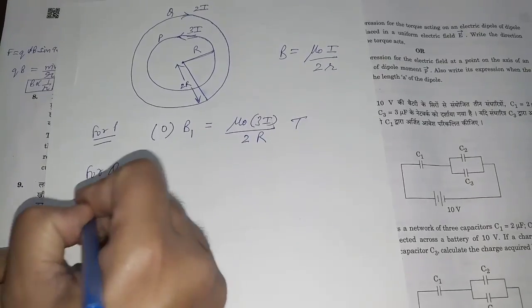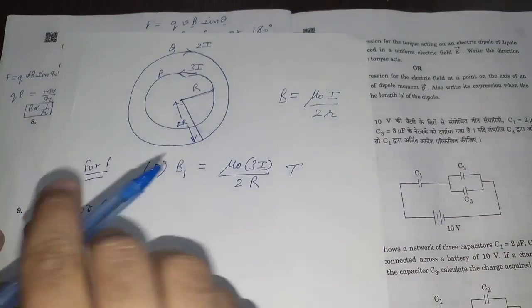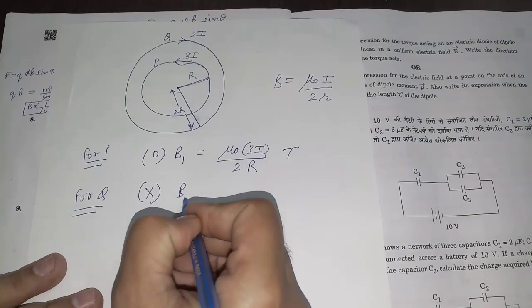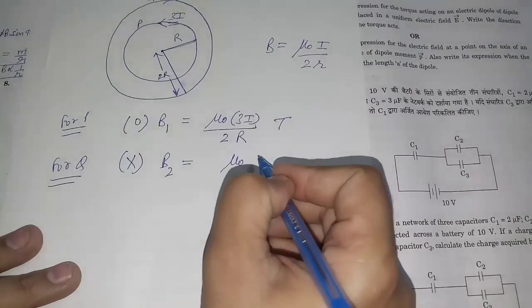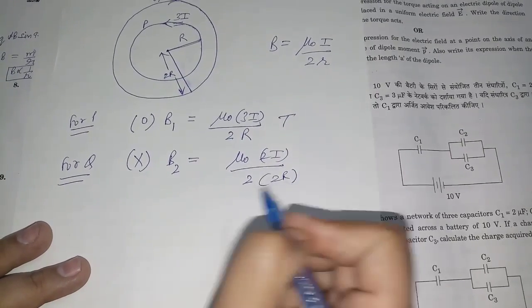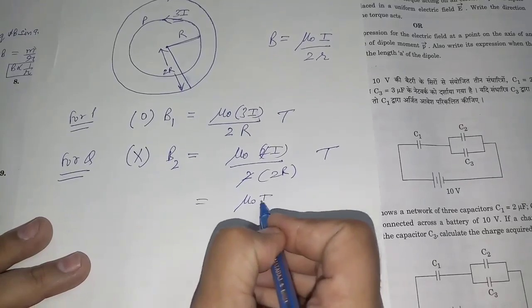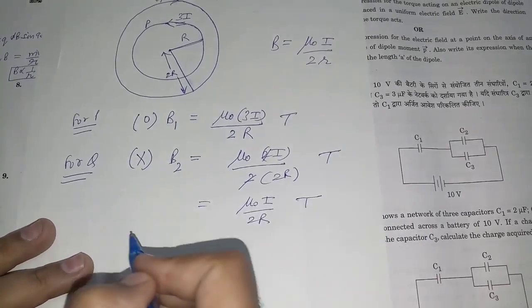For Q, the magnetic field B2 would be in the downward direction. So here mu naught, the current is 2I upon 2, radius is 2R. So this can be written as mu naught I upon 2R Tesla.